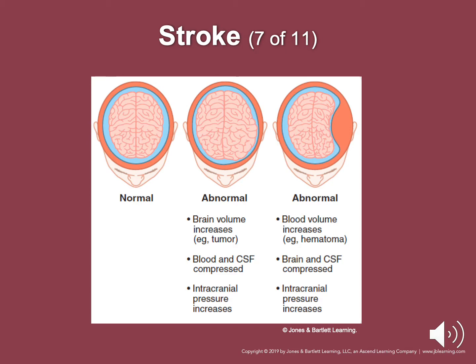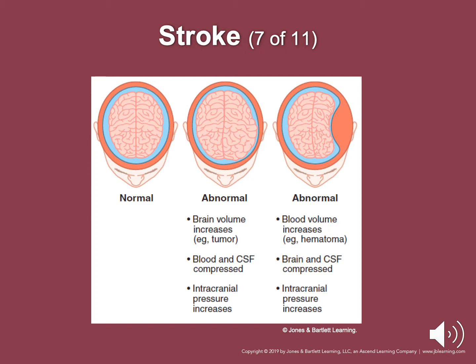This is an increase in ICP. And then you see the actual bleed over there to the right. So this is what's going to cause everything to become compressed so that the oxygen cannot reach the rest of the brain like it needs to.